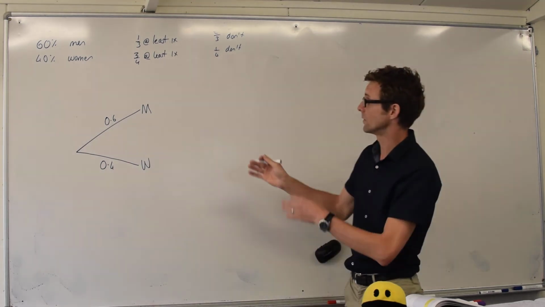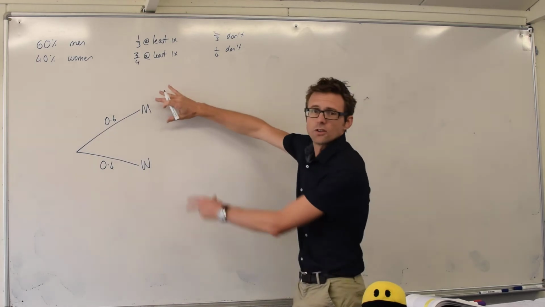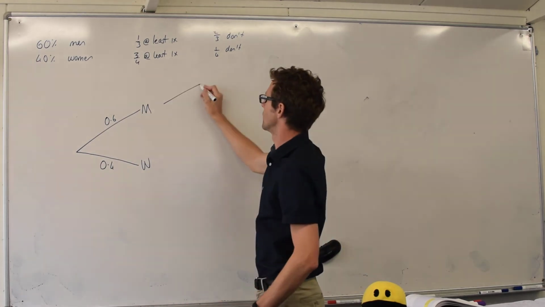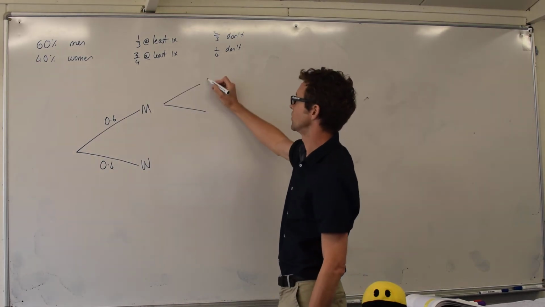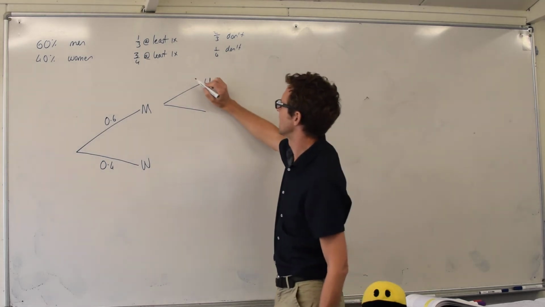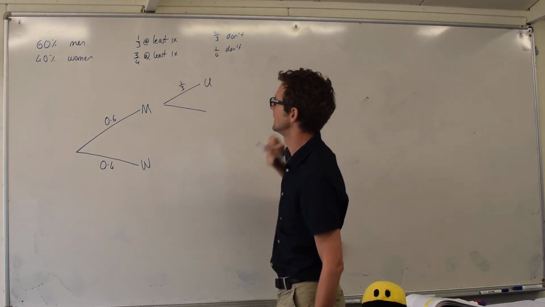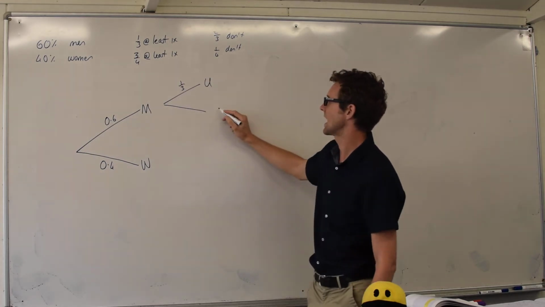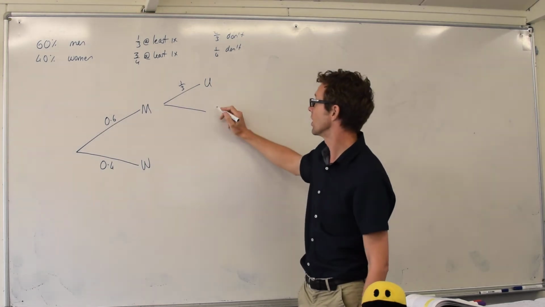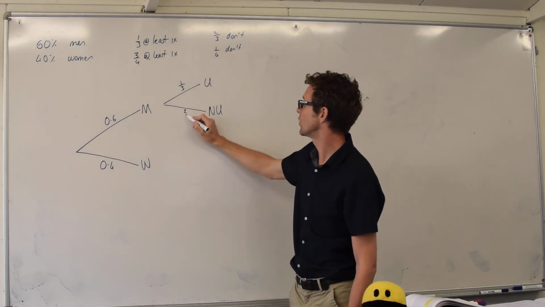So at this point, we've got our first branch, and now we're going to divide up the men into those who will, say, use the club, we'll call it U, and the chance that a man uses it is 1/3, and the chance that a man does not use it, so we'll say NU, not use, is 2/3.